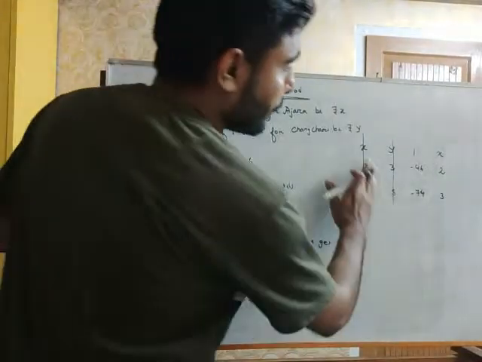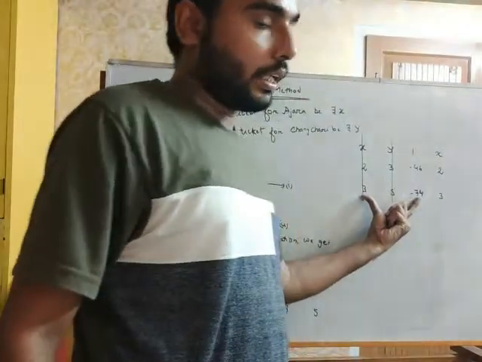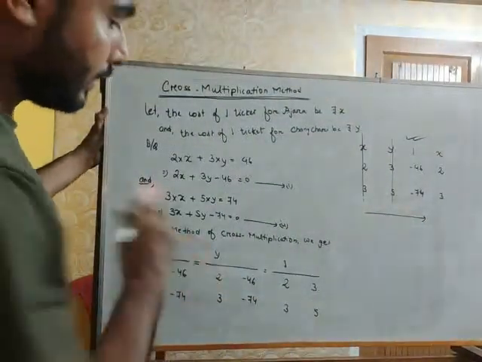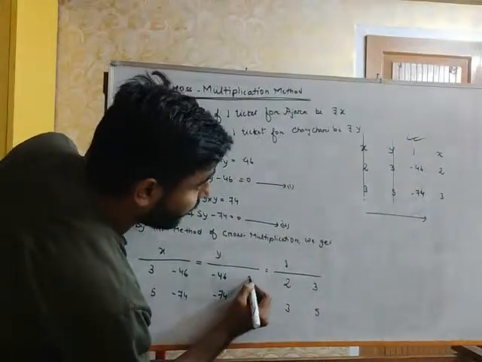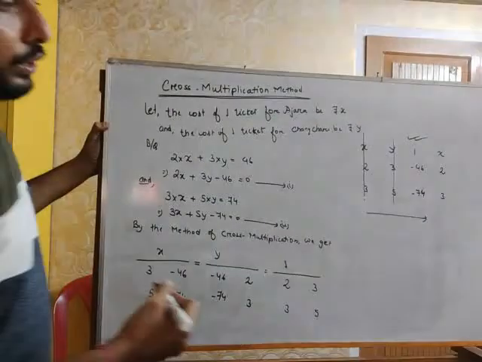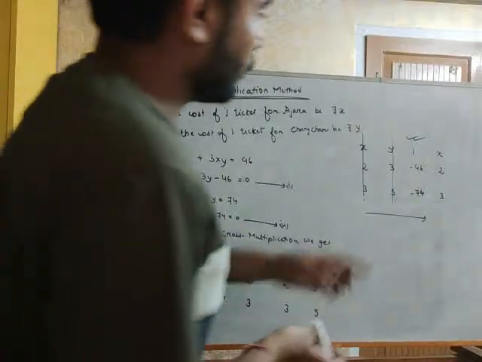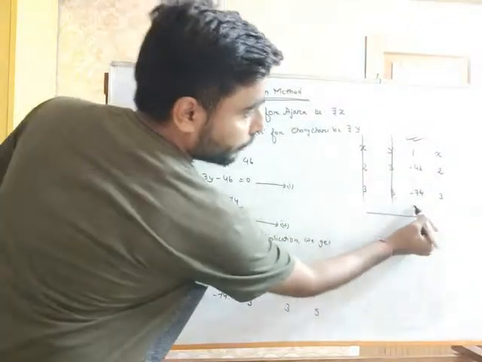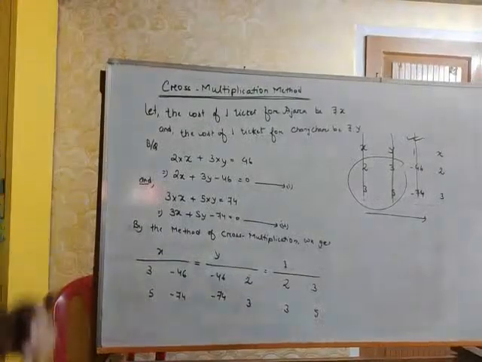For y, what will you take? x and the constant terms. Okay, so write this first like this, you have to go like this. Next, after y what is there? Constant term, and then write x. So you will write first the constant term and the coefficient of x. Now for the constant term, what will it be? x and this remains, x and y remain. Okay, see, for y these two remain and for the constant term these two will remain. So you have written like this. Any doubt, anyone?